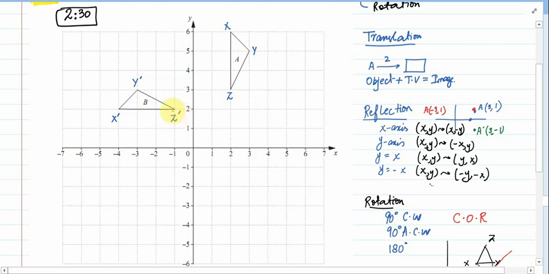Now I need to join the corresponding points, so X and X dash. You need to do it with your pencil and scale because I'm just sketching roughly. Now I need to draw the perpendicular bisector. So 1, 2, 3, 4, 5, 6, that means 3. So the perpendicular bisector of this line would be like this, right?